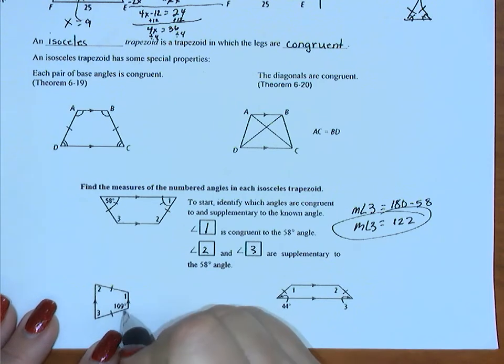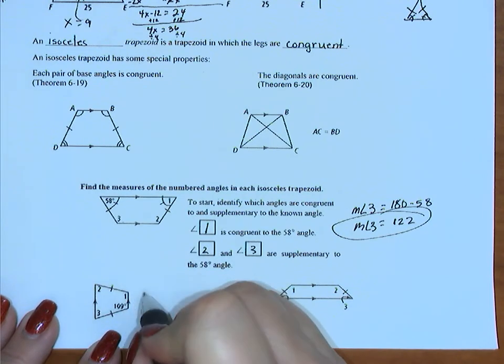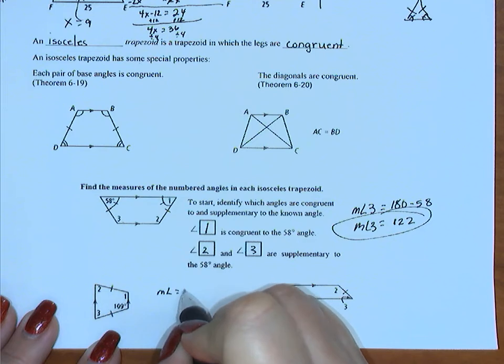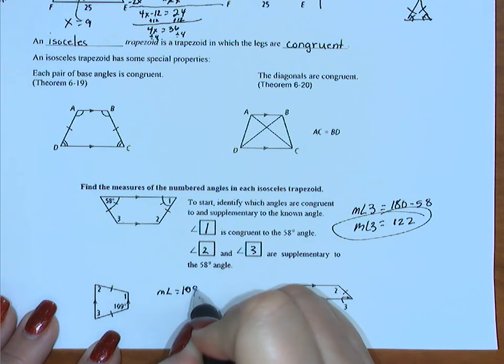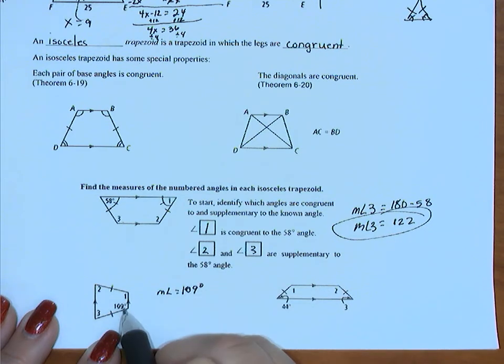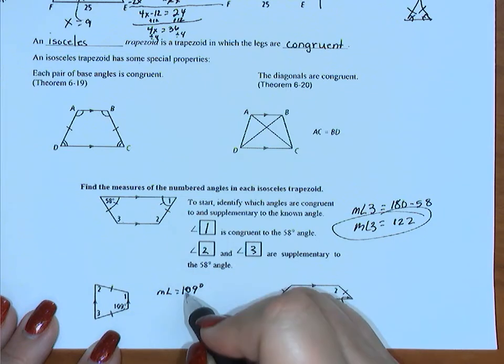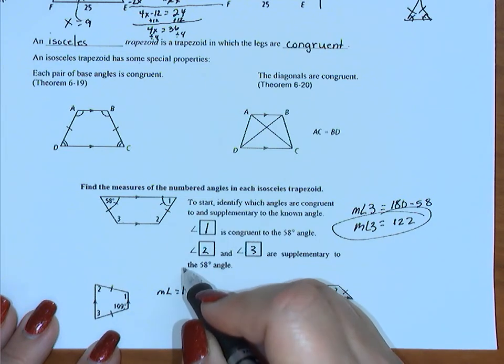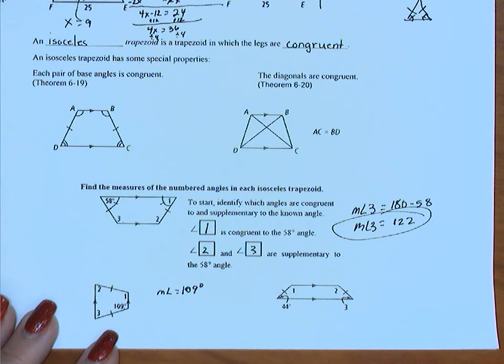So these are my base angles. So that means the measure of angle 1 is 109 degrees because it's congruent to this one. Let's try that again.